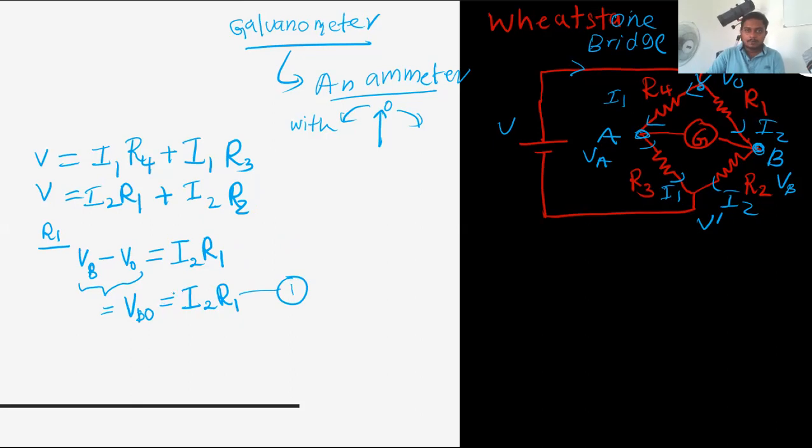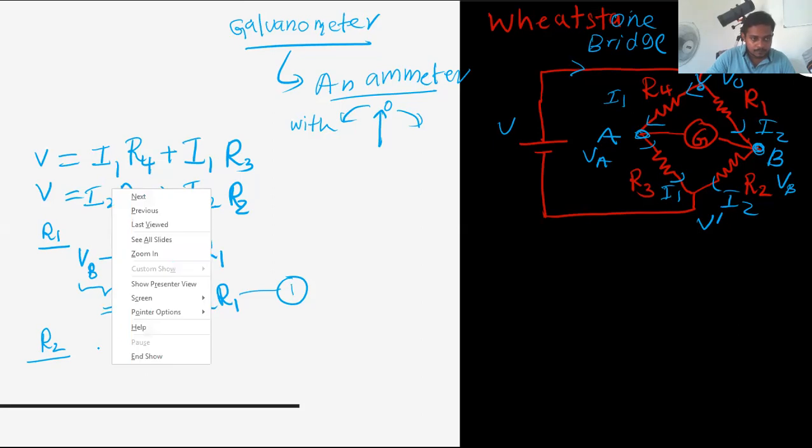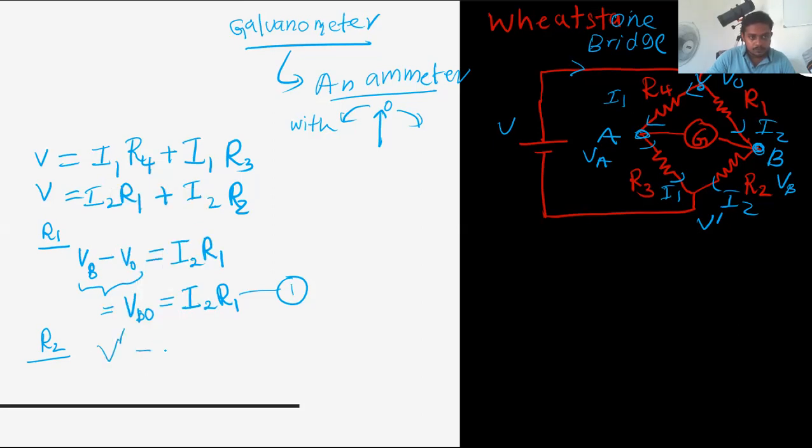Second one, for R2, I am writing the same way. Now I am getting V dash minus VB as I2 R2.